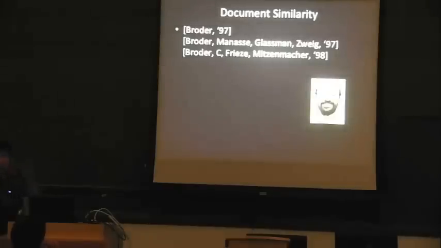All right. Next I want to talk a little bit, actually I don't have very much time, so I'm going to have to breeze through this section. A class of methods that are used to figure out, in a very large collection of documents, which documents are similar.